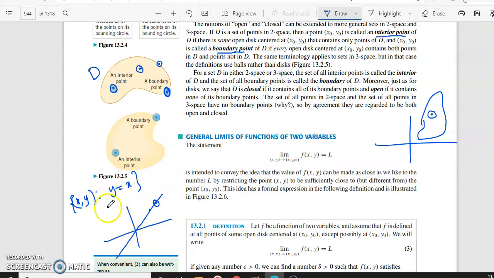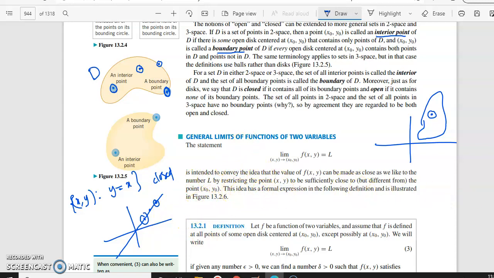So the set contains all its boundary points, so this is a closed set. None of the points here are interior points, so this set is not open. So this is a closed set. So that's the meaning of an open set and closed set. Okay, so this is an example for that.